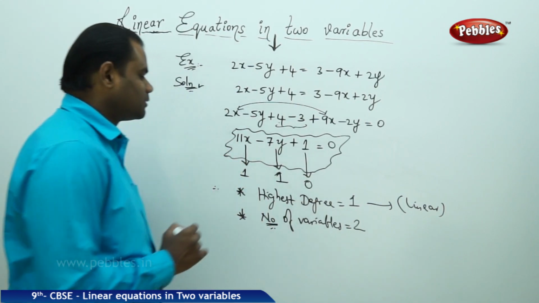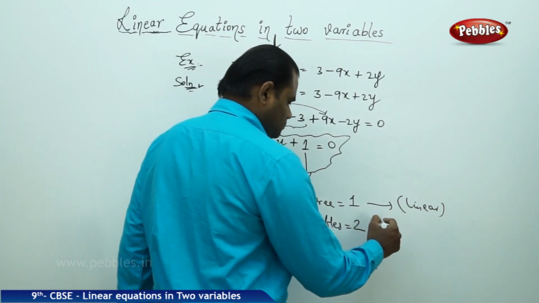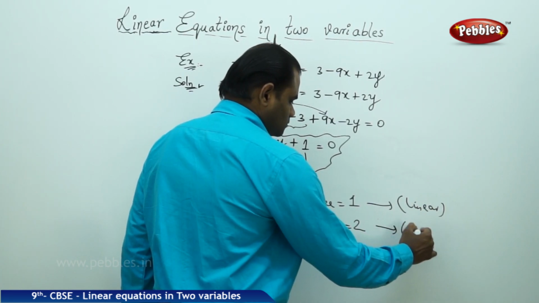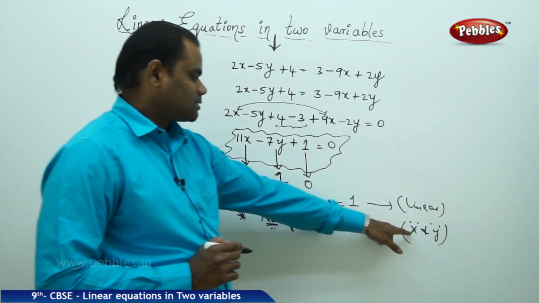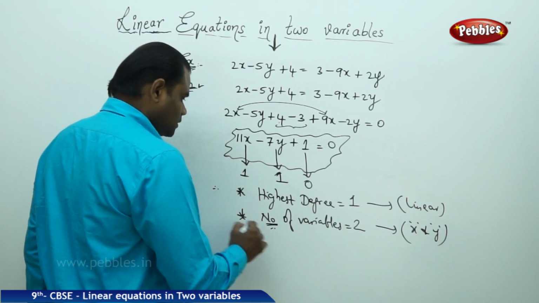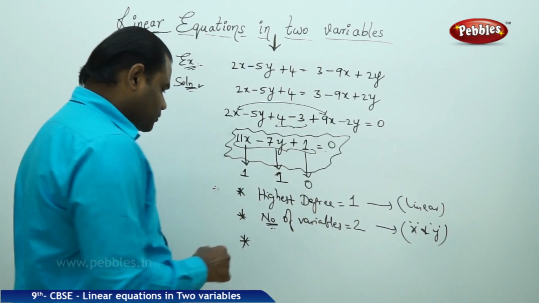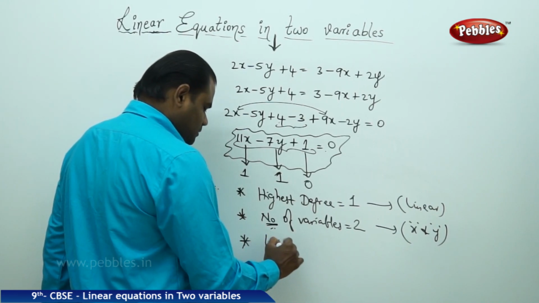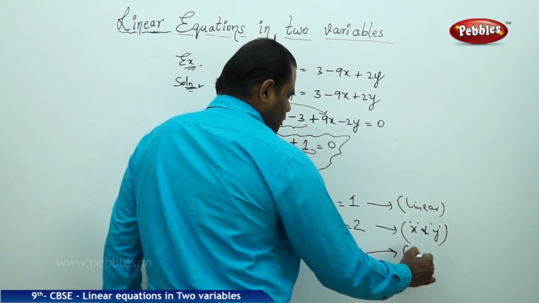I clearly see that there are two variables x and y. So I have two variables x and y and it is linear, and as I see that the left hand side is equal to 0, that's rule 3, my LHS is equal to 0, therefore it's an equation.